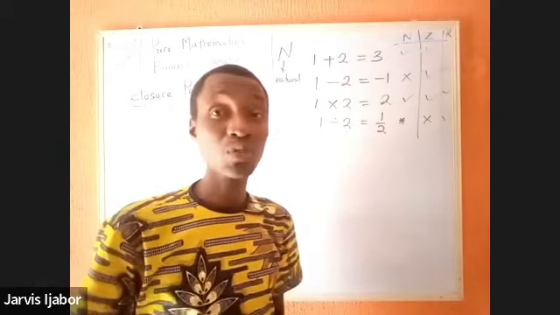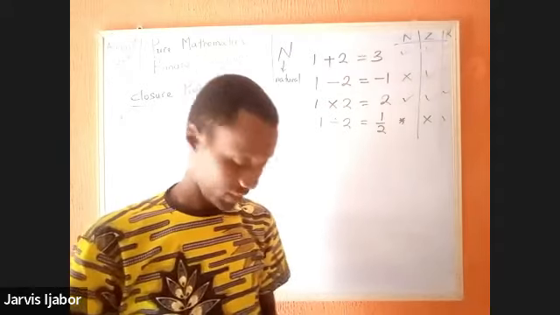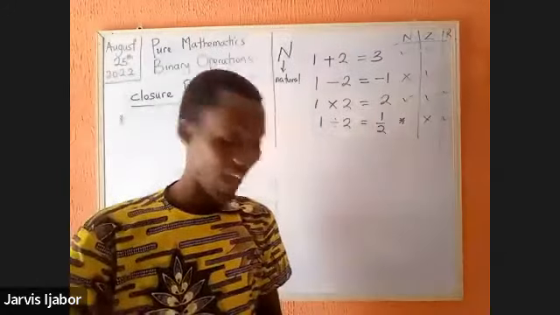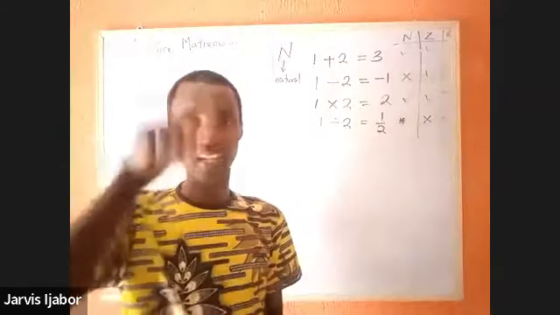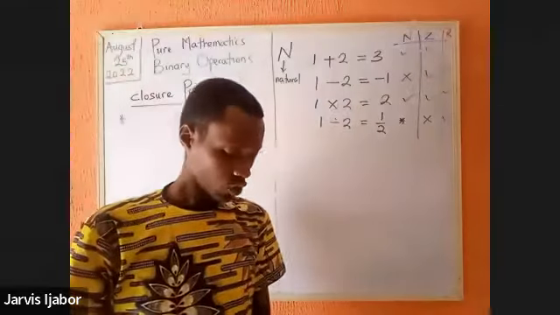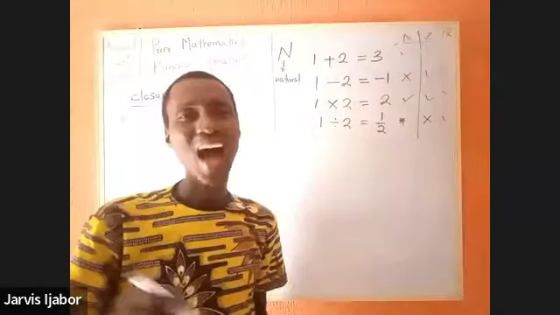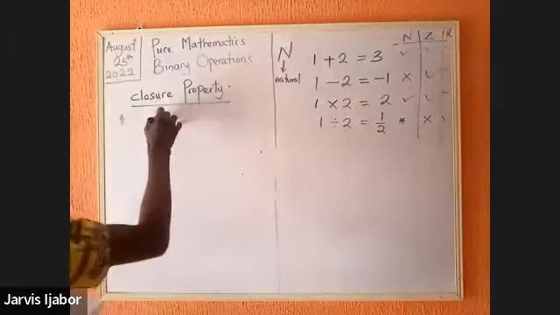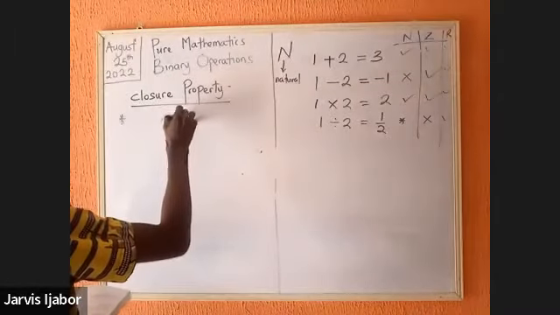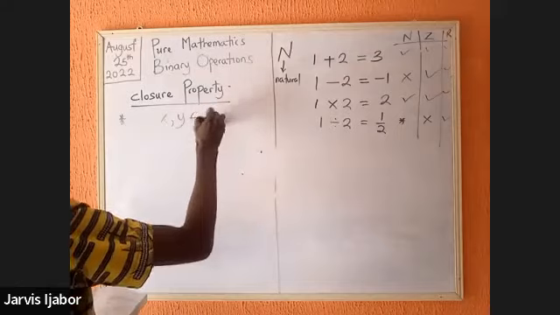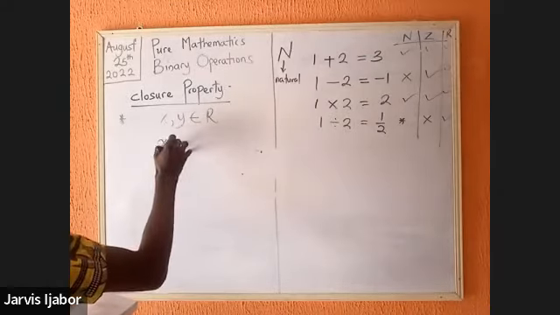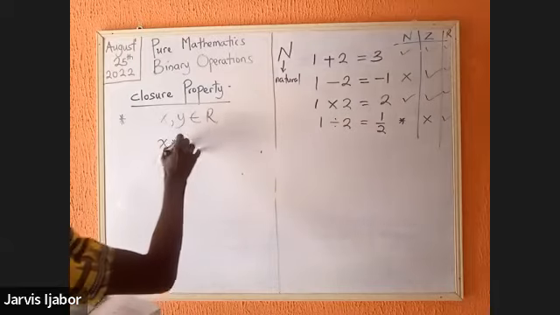That's something you must remember when you're handling this problem. It's defined on a set of real numbers, R, such that x and y belong to R. Now, this is what it means: x, comma, y belong to what? R.